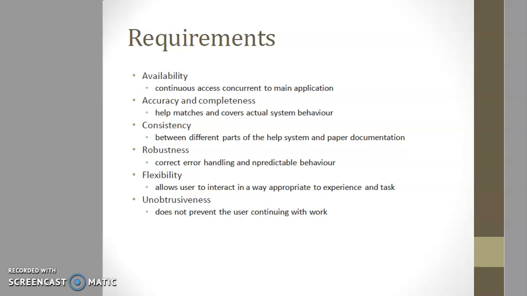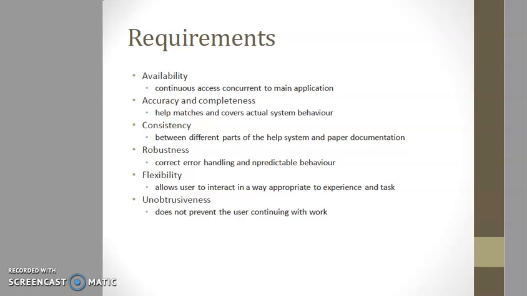Third, consistency. Users require different types of help for different purposes. This implies that a help system may incorporate a number of parts. The help provided by each of these must be consistent with all the others within itself. Online help should also be consistent with paper documentation.